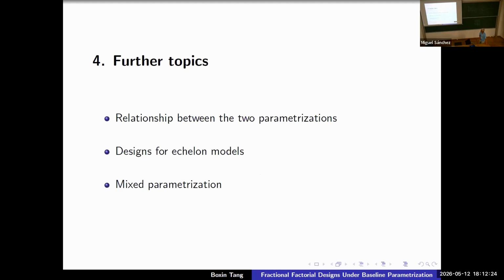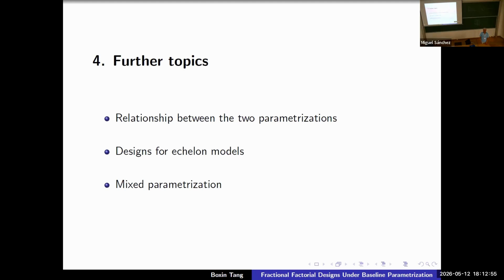There are further topics. The first one is multivariate. One can obtain the relationship between the two parameterizations, that is the betas and the thetas. Betas are the factorial effects under orthogonal parameterization. The thetas are factorial effects under baseline parameterization. The relationship, a very clean one, can be derived.